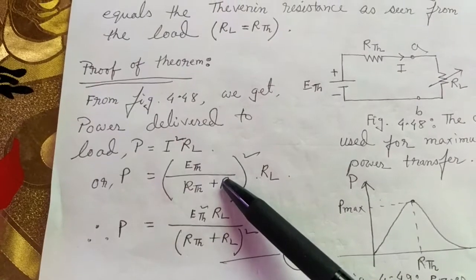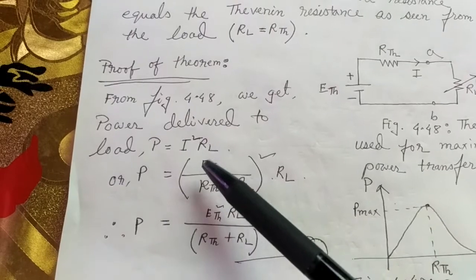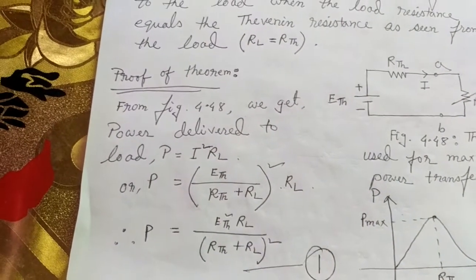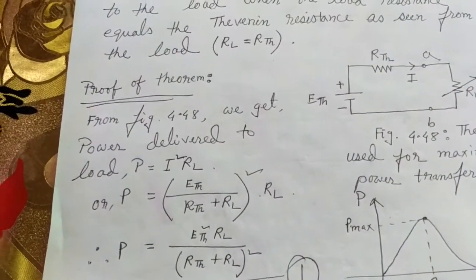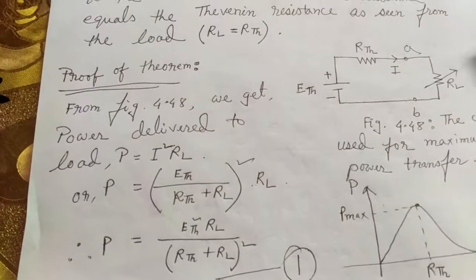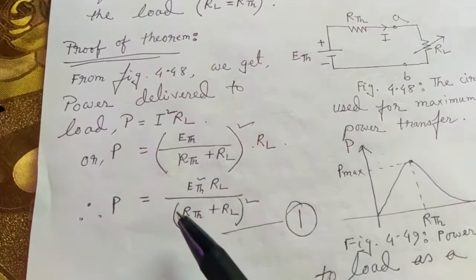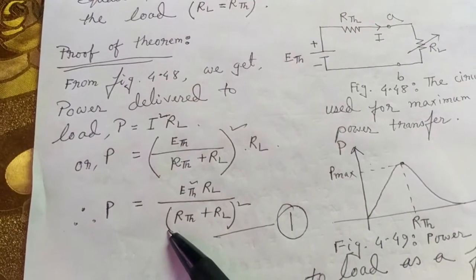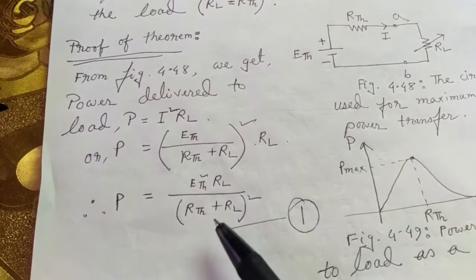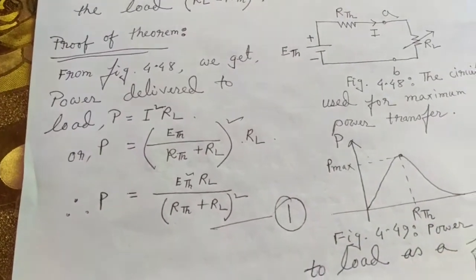So we have used the Ohm's law formula, and we have placed the value of I. If we use I equals this, then the next equation is P equals E Thevenin square RL divided by R Thevenin plus RL whole square. So this is equation number 1 we have got.